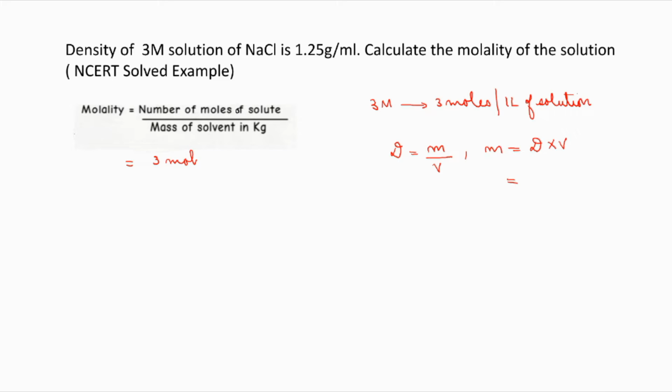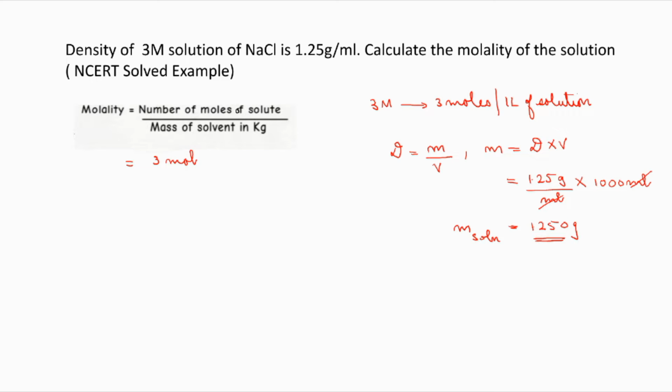What is the value of density? 1.25 gram per ml, into, what is the volume of the solution? They are telling that the volume of the solution is 1 liter. So that 1 liter solution can be written as 1000 ml. So this ml will be cancelling and you will be getting the mass as 1250 gram.